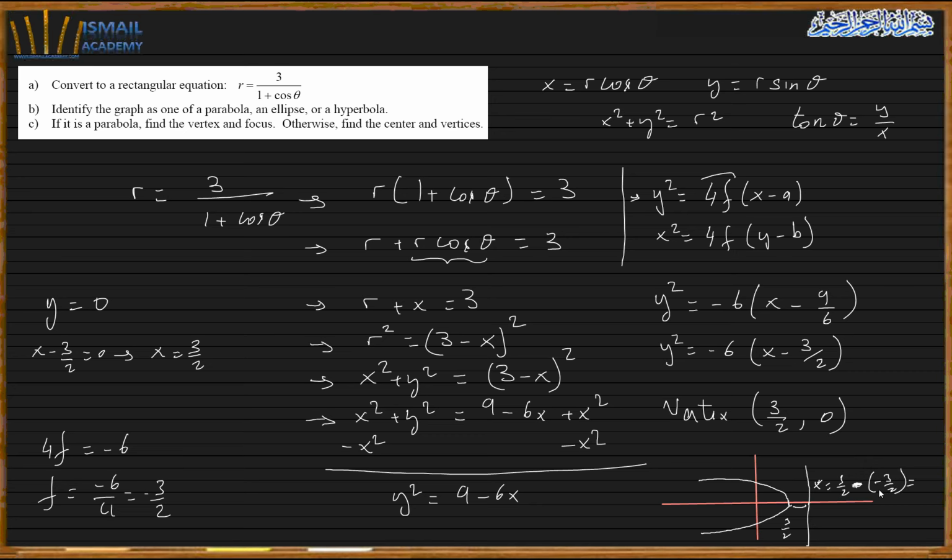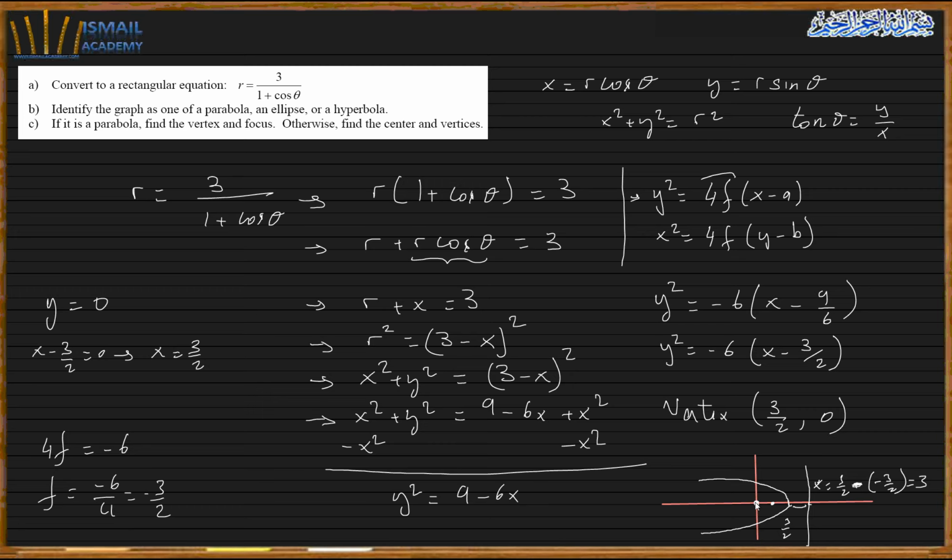So it's going to be at 3, and for the focus you add f to the x, which is the value where the vertex is, which is the x coordinate. So you add minus 3/2 here, so it's going to be here.